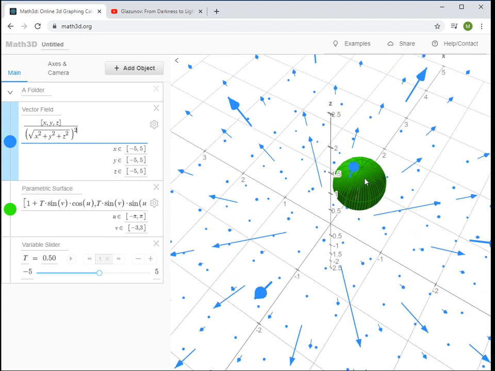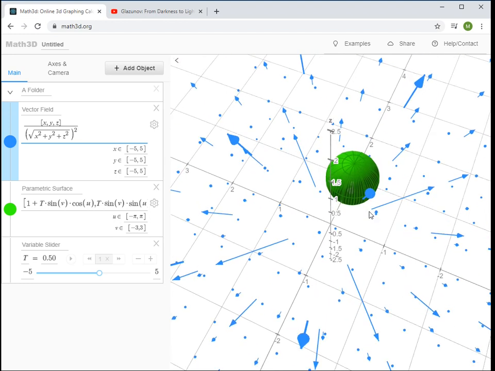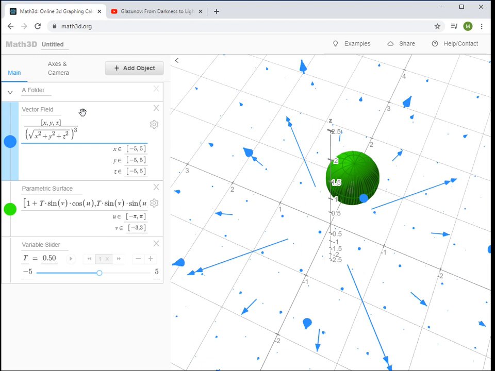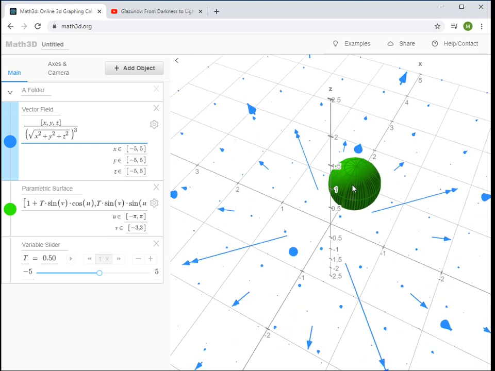So there I'm just seeing that I'm still going to get a net outward flux that is positive. It's outweighing the inward flux, but it's just not quite to the same extent when the radial distance there is 1.